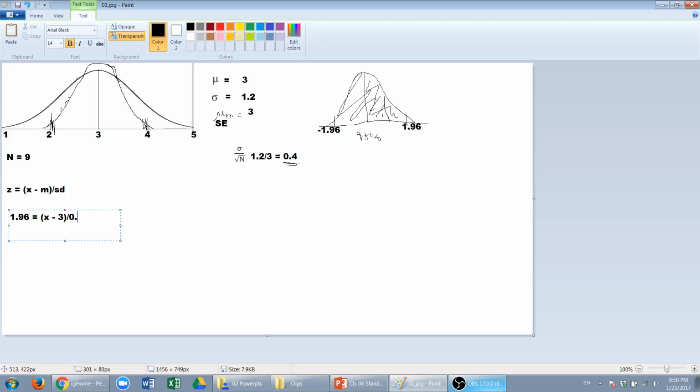Now we need to get rid of 0.4, so we multiply by 0.4 on both sides.